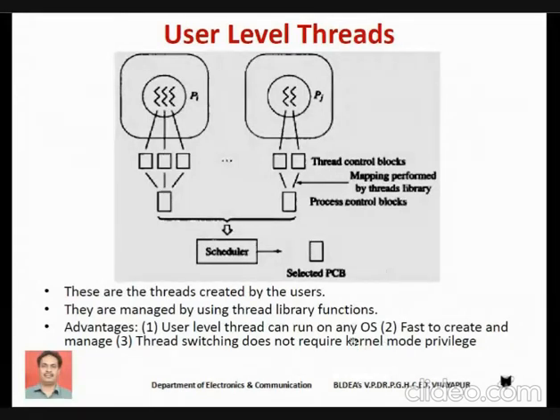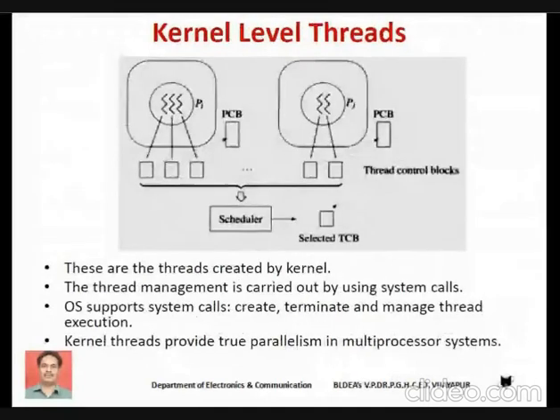I hope you are understanding the difference between user level threads and kernel level threads. So I will repeat. Kernel level threads are created by the kernel. Thread management is carried out by using system calls. The operating system has its own instructions for management of kernel level threads.